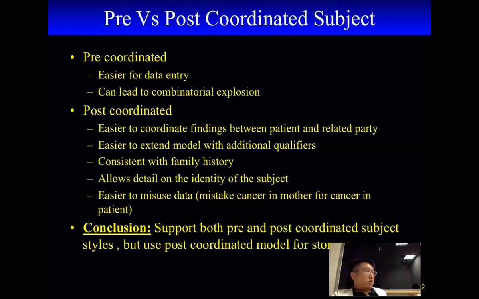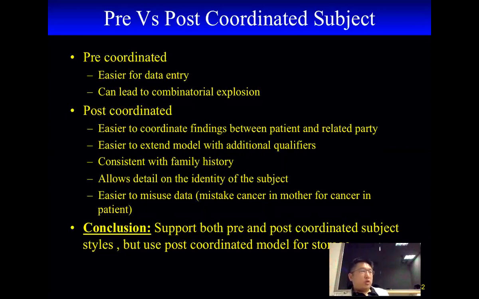But if you have 100 selections, like diagnoses, it is impossible to create all the lists. For example, in your ICU, the categories are a limited number, like MICU, SICU, or MICU A, MICU B. So in that data set pre-coordinate is better. You just list all the choices, then people just select.